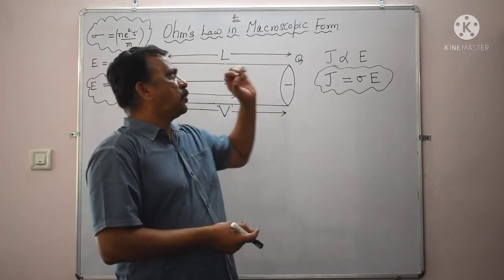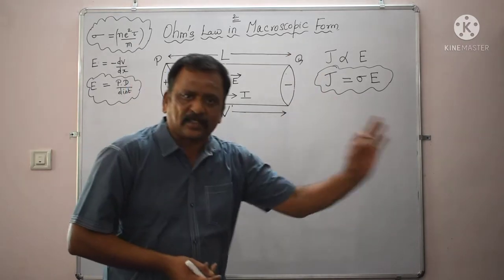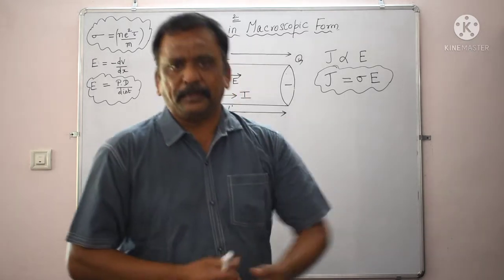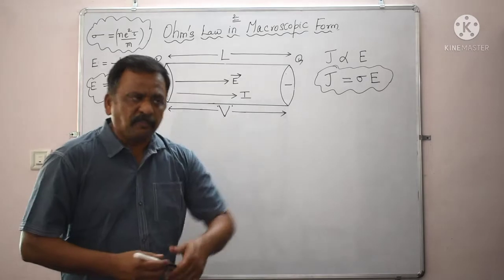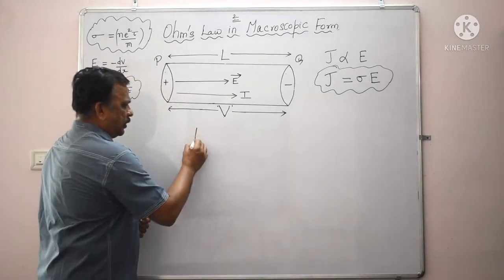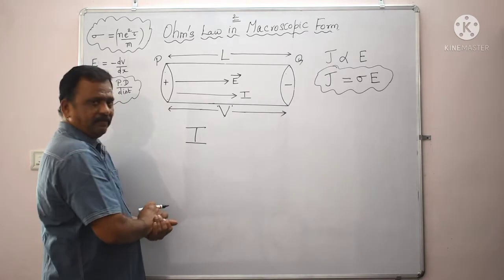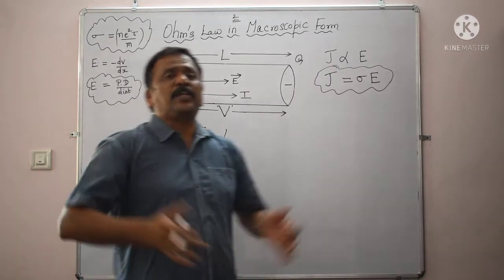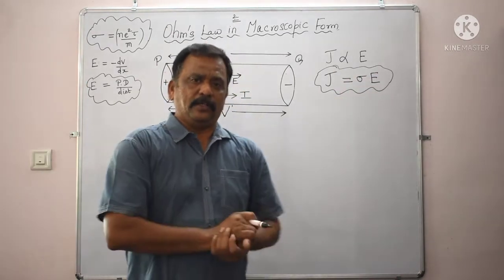Ohm's law in macroscopic form, or simply Ohm's law, states that at a constant temperature, the current flowing through the conductor, say I, is directly proportional to the potential difference applied between the two ends of the conductor.